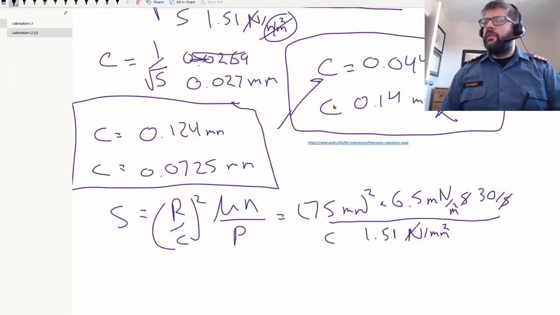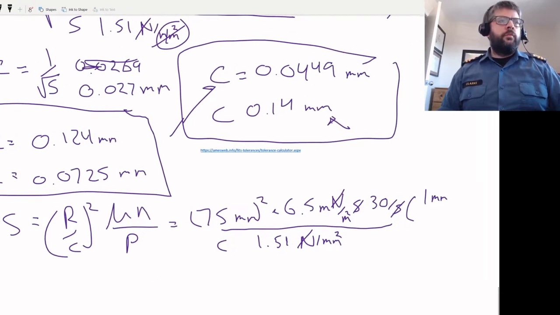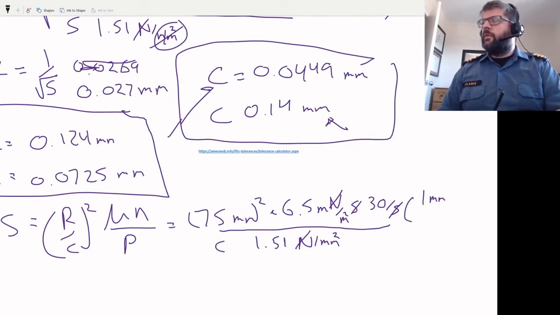Newtons cancel out. And again, we just need to do the conversion factor. So we got millimeters squared at the top here, and we got per millimeter squared here. So times 1 millimeter per 1,000.